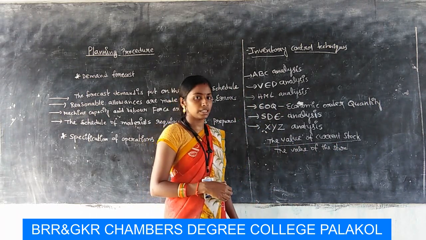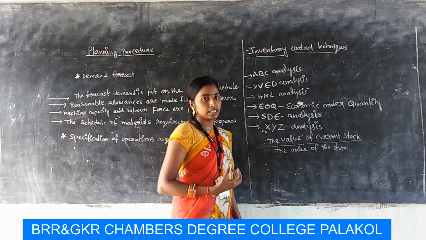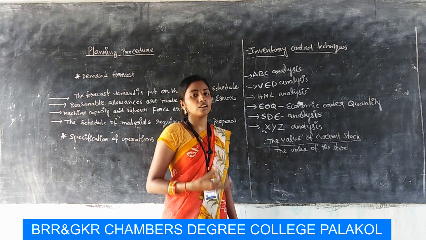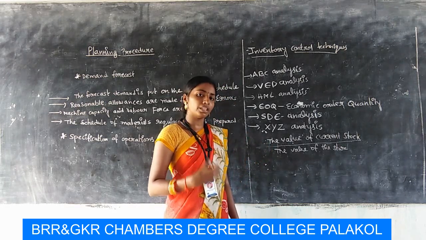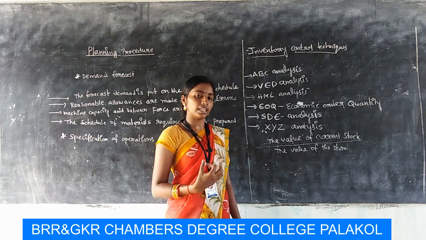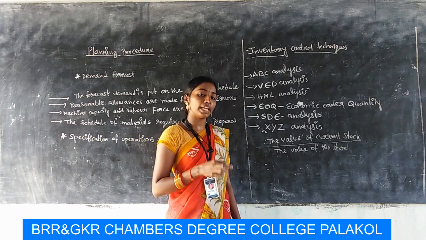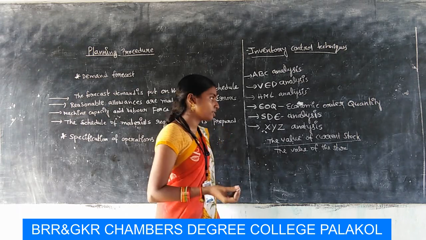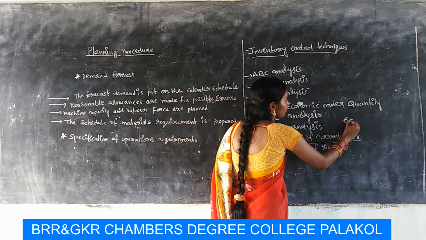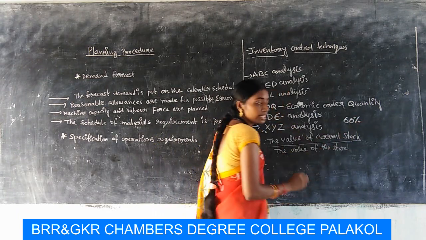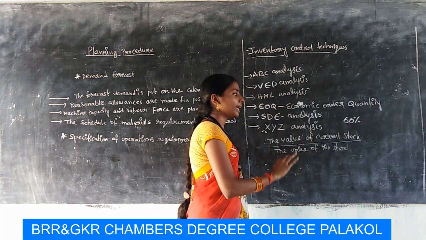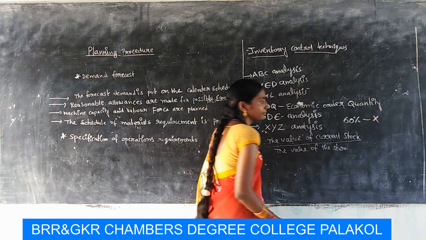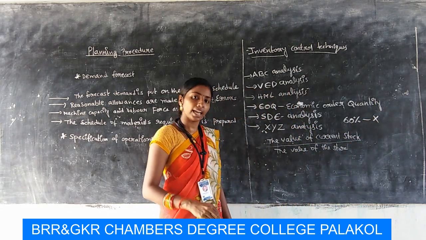Here, by calculating this, we have to arrange the inventory in descending order. If the accumulated value reaches 60%, we categorize that inventory into the X category.